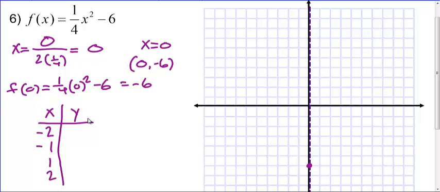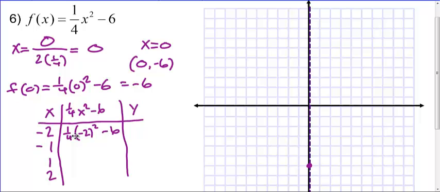Now I'm going to plug these in, and perhaps on this one I'm going to show a little more work. I've been doing a little mental math on some of the others for this step. For some of you that's fine, for some of you that may not be fine, so let's not skip that step this time. So we're going to have 1/4 times -2 squared minus 6. -2 quantity squared is 4, times 1/4 is 1, minus 6 is -5. Now here's the beauty of this.